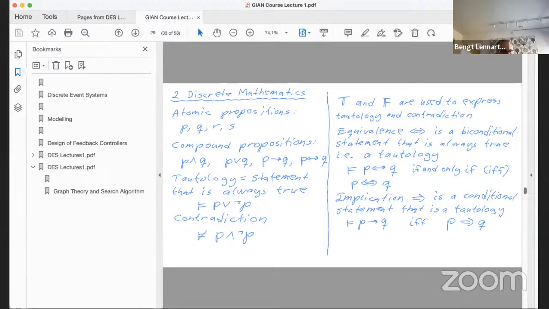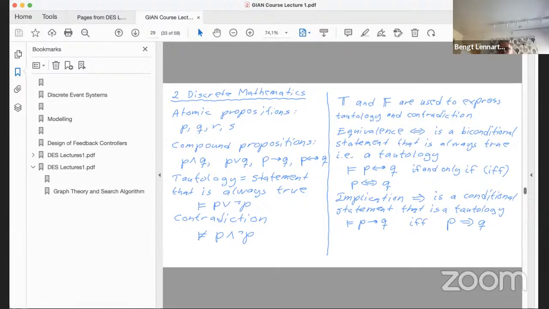So an equivalence is then a biconditional statement that is always true. You could say that an equivalence is written with this double arrow, either in this way, or it could also be an equal sign with three horizontal lines, but I mostly use this notation.